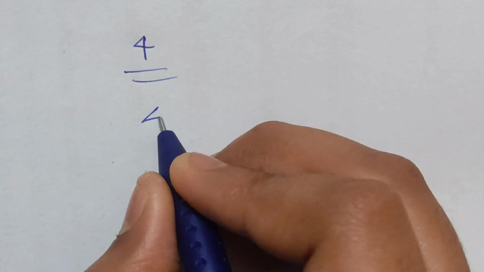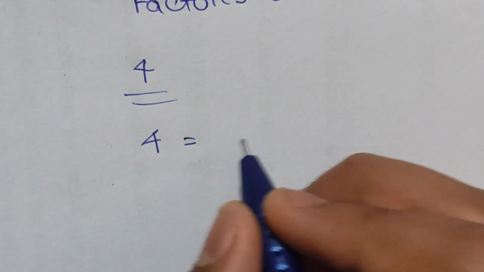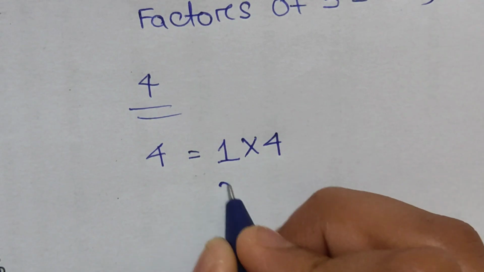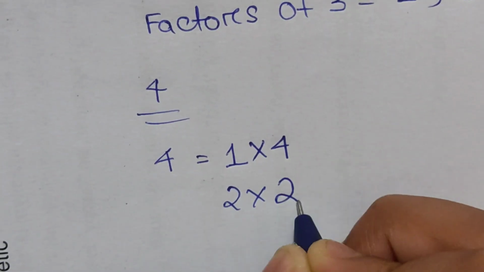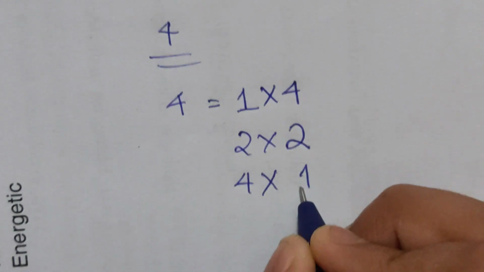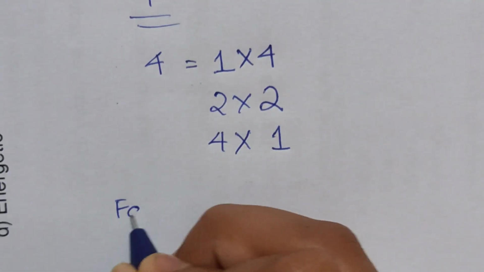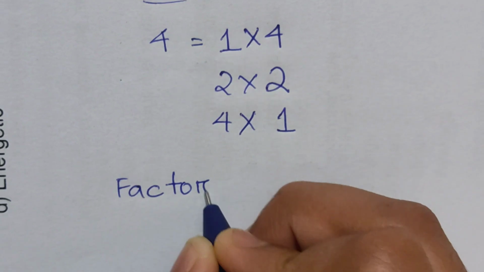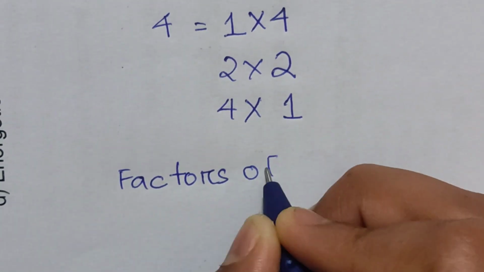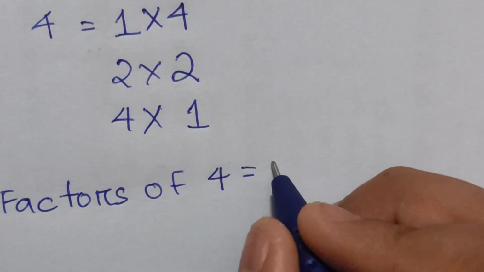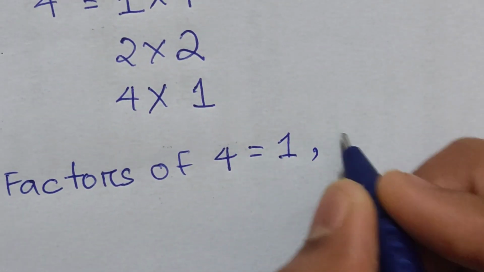Then the number 4. 4 equals 1 into 4, then 2 into 2, then 4 into 1. So the factors of 4 are 1, 2 and 4.